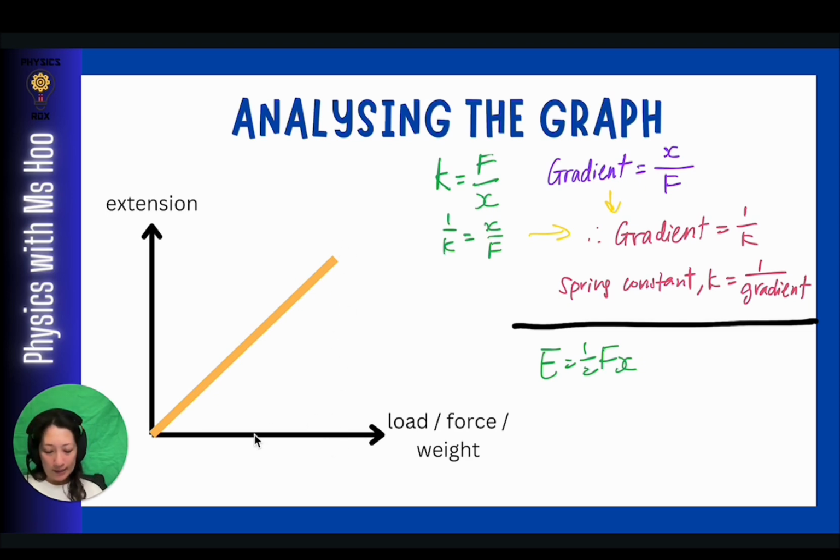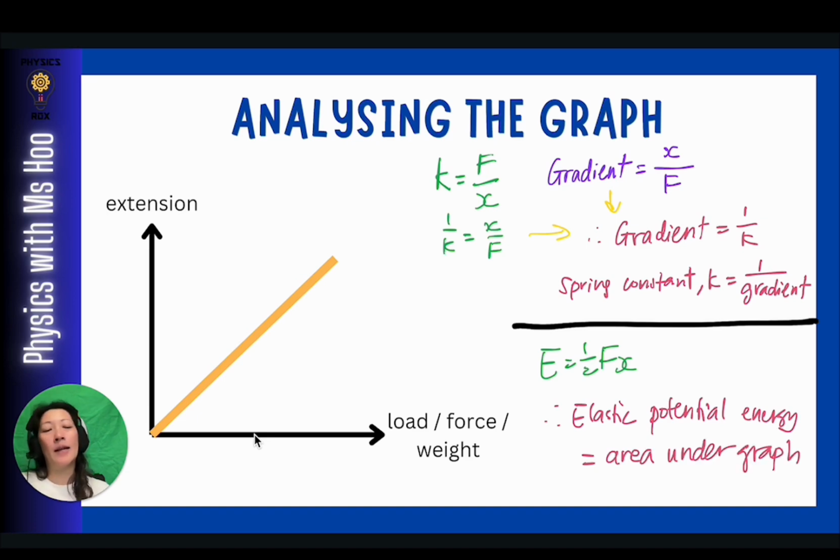So what this tells us is that the elastic potential energy is equivalent to the area under the graph. If you wanted to calculate it, we just calculate the area under the graph, and that would give us the value of the elastic potential energy.